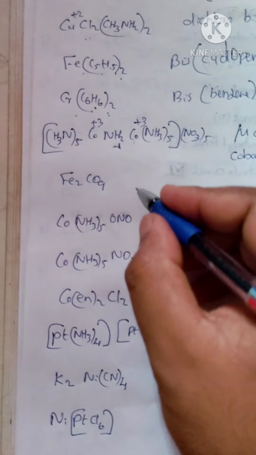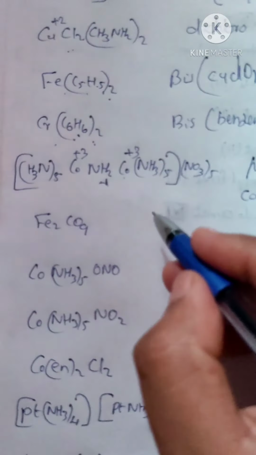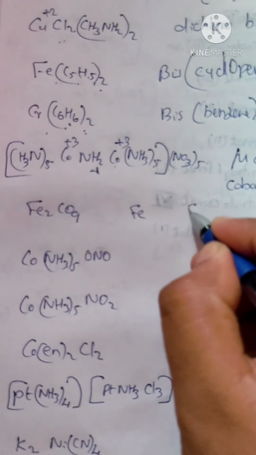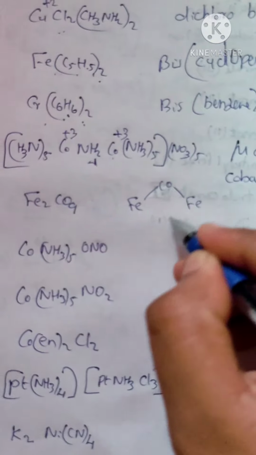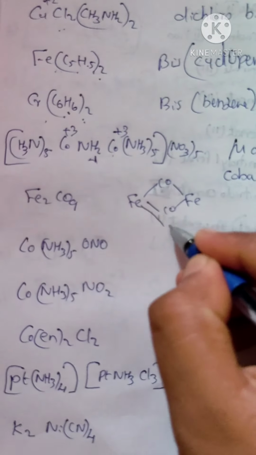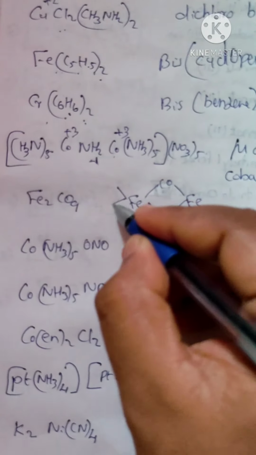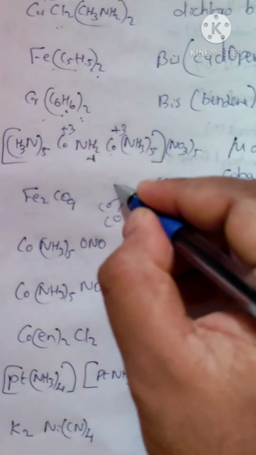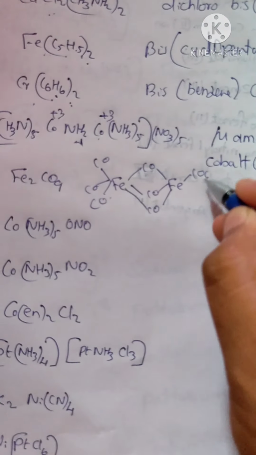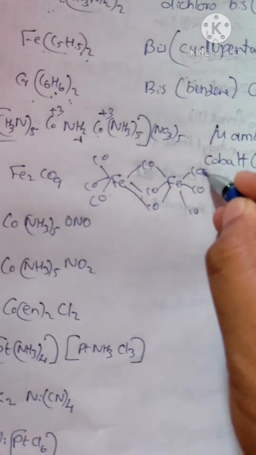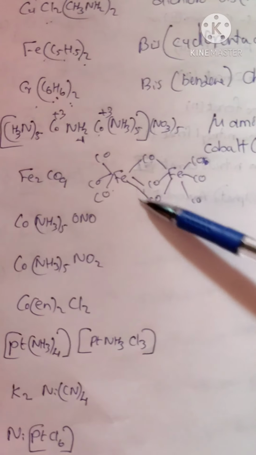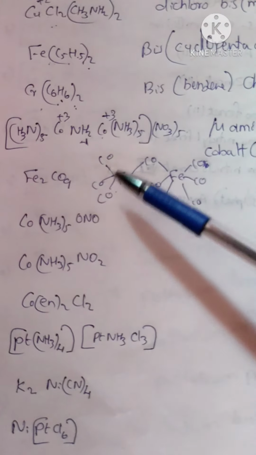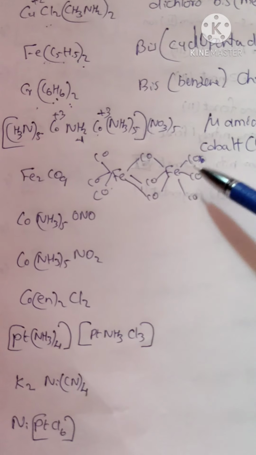This is Fe2CO9. For writing the name of this complex, we should know the structure of Fe2CO9. Fe2CO9 has 3 bridging carbonyl groups. And then we have 3 carbonyl groups for this iron and 3 carbonyl groups for this iron. So if you are seeing, we have 3 bridging carbonyl groups and 3 terminal carbonyl groups for this iron and 3 terminal carbonyl groups for this iron.